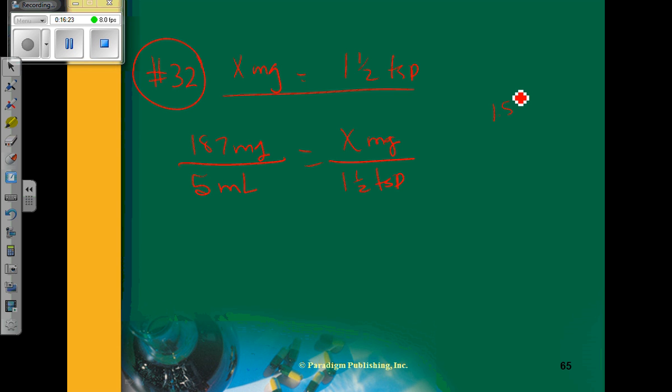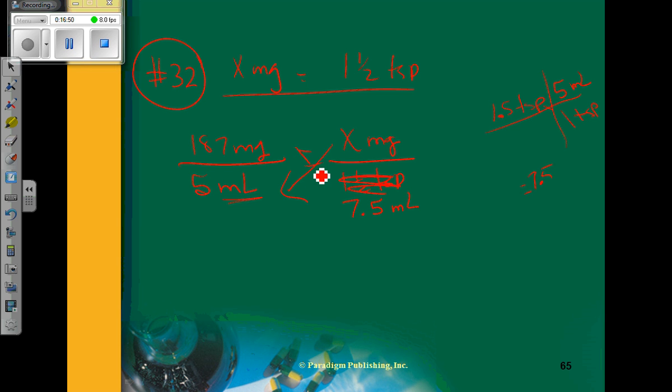And then we're going to convert that teaspoons over to milliliters so our units will match on the bottom. Again, you have teaspoons here, you'll have teaspoons here. And in 1 teaspoon, you have 5 milliliters. So 1.5 times 5 would be 7.5. Okay, so this is converted to 7.5 milliliters.